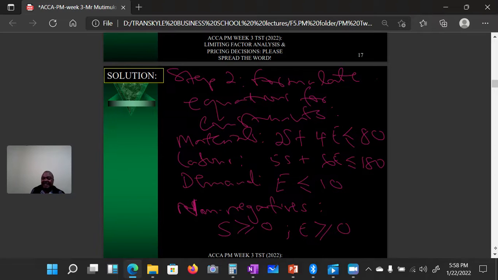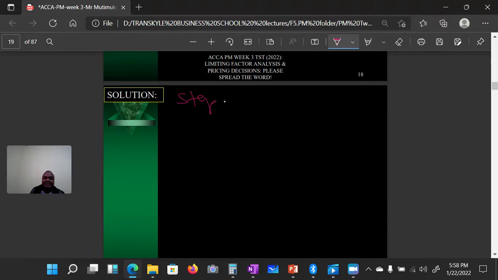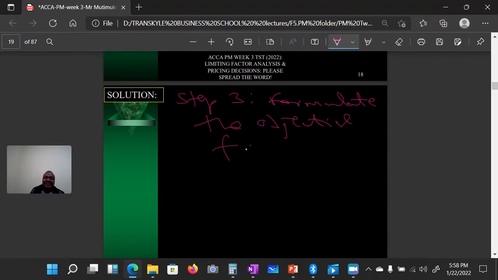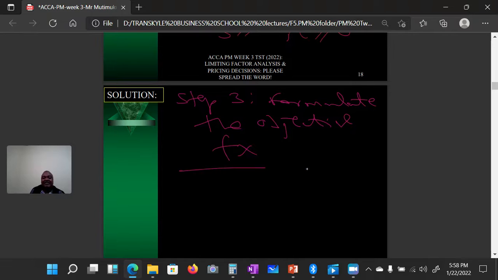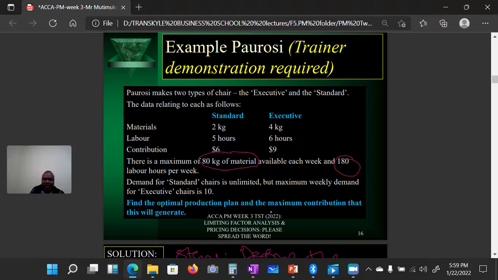Okay. Lastly, step 3, formulate the objective function. The objective function can be easily found from the question itself: find the optimal production plan and the maximum contribution that this will generate.